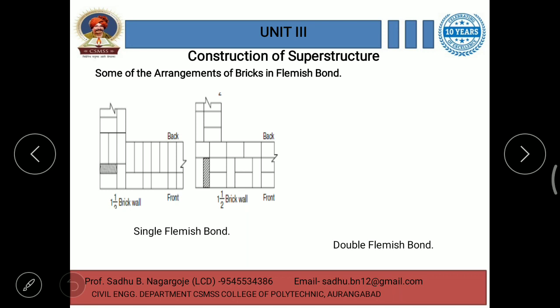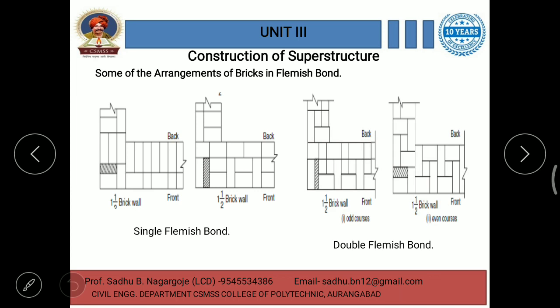Then these are again some arrangements of bricks in Flemish bonds. 1/2 brick wall and single Flemish bond, and this is double Flemish bond, odd courses and even courses.